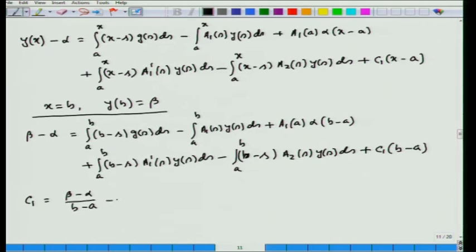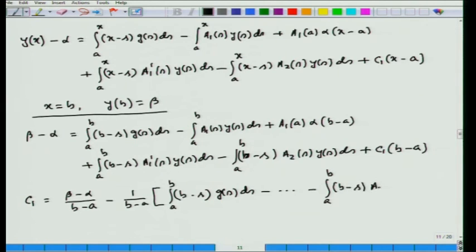So, it will be minus 1 by b minus a times the expressions, that is integral a to b, b minus s, g s ds, starting from this one, minus and so on up to the last expression, integral a to b, b minus s, a 2 s y s ds.